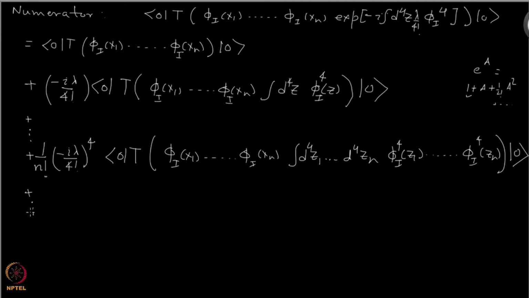If we are interested in calculating the numerator to some accuracy in lambda, let's say to order lambda, then I will just calculate the first term here and the second term. But if for some reason I am interested in going up to order lambda squared, then I will calculate the first three terms.